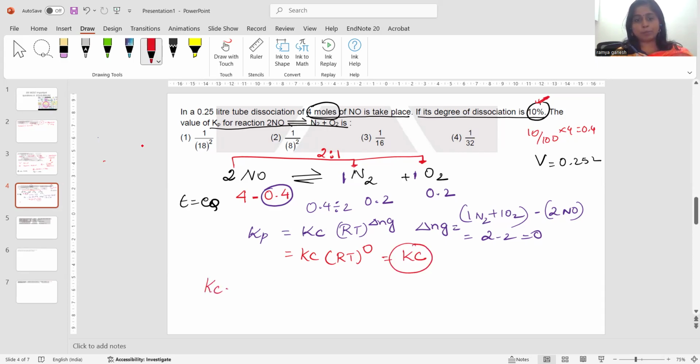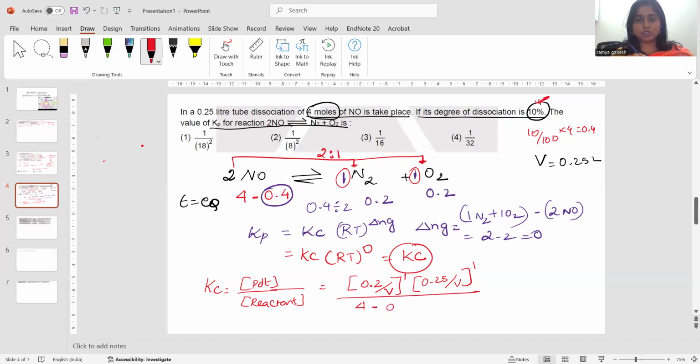So how do you write Kc? Product concentration divided by the reactant concentration. What is the product here? Nitrogen and oxygen. So 0.2 moles is formed per volume V, I'm just keeping it as V itself. 0.2 divided by V, and here the coefficient is 1, so raised to the power 1, divided by the reactant, 4 minus 0.4 divided by V, power 2.